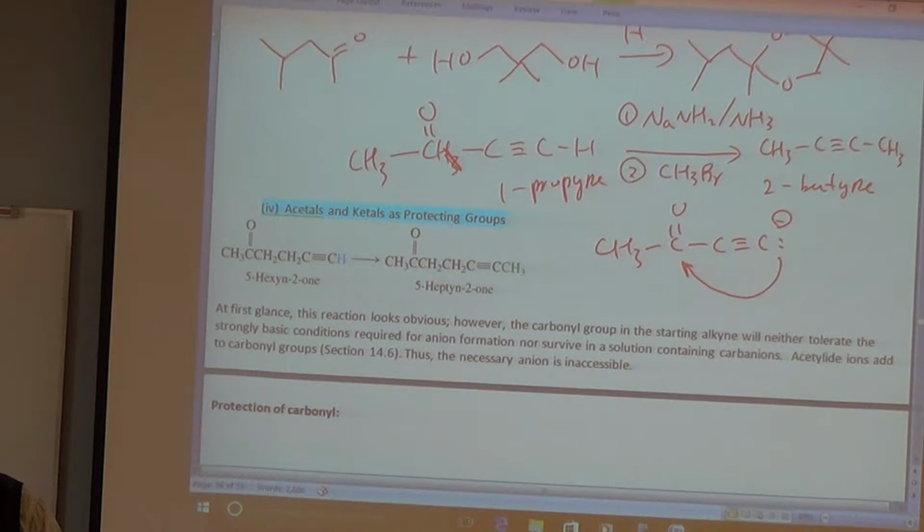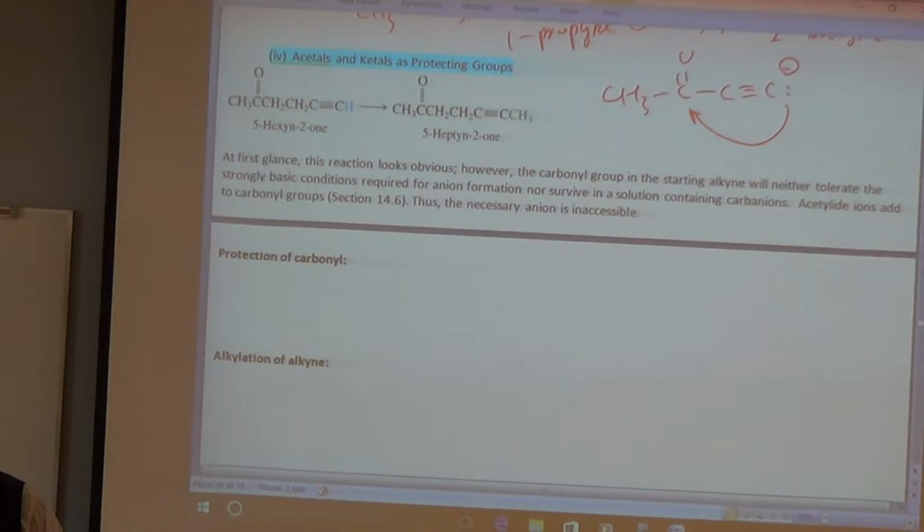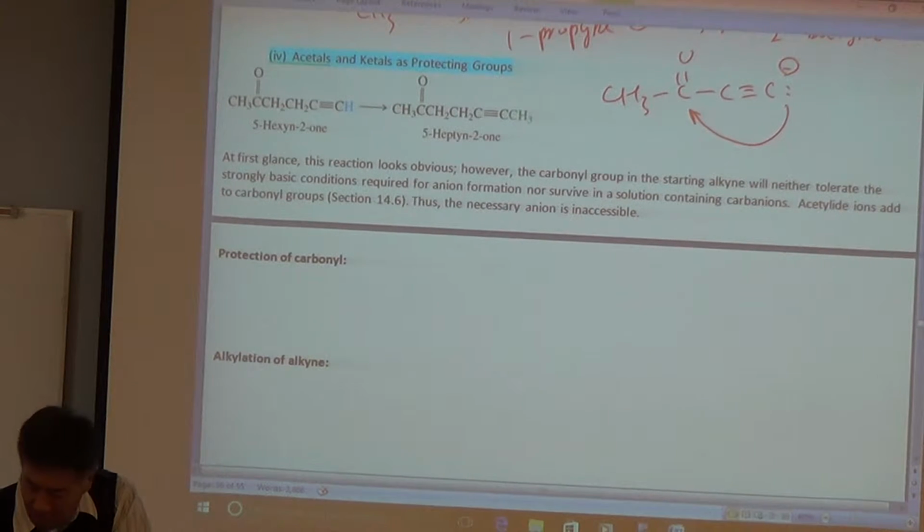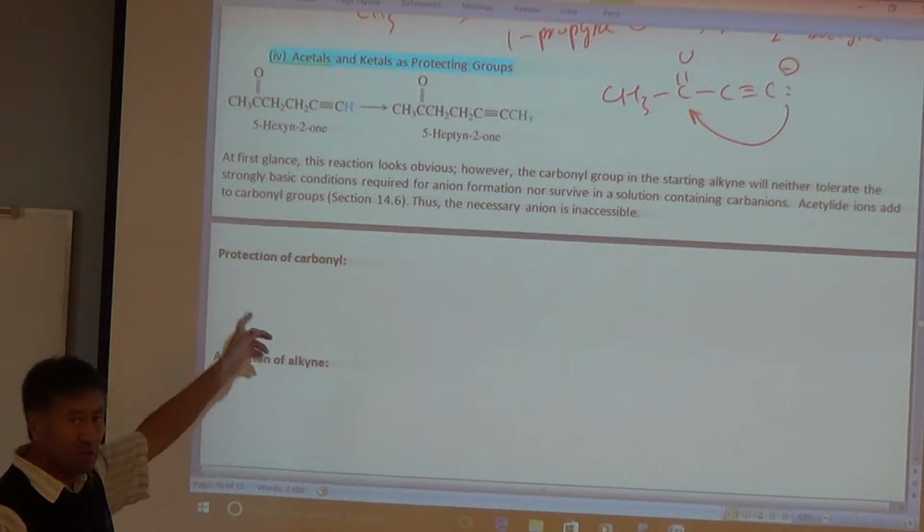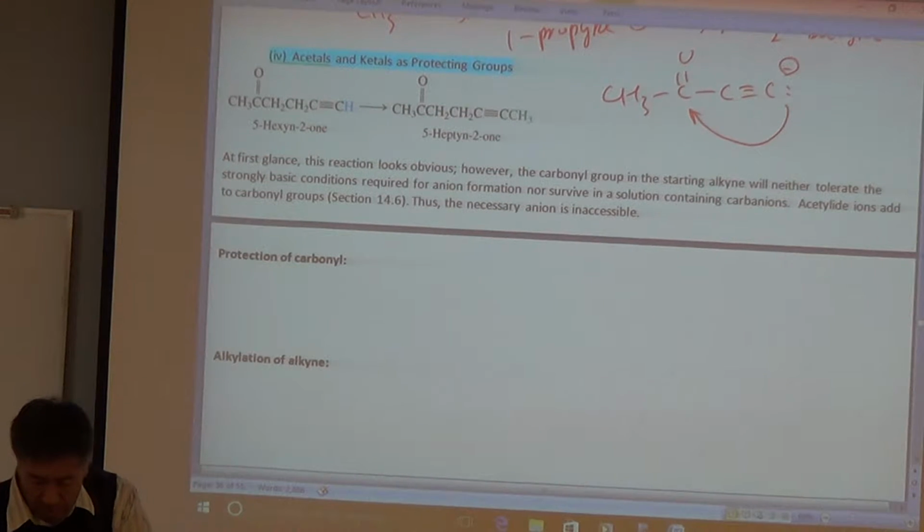And now you know how to protect the carbonyl. Okay. So the reaction will be carried out like this. Now I will change that structure into the line structure, because we have 6 carbons. So you can draw your structure out like this.